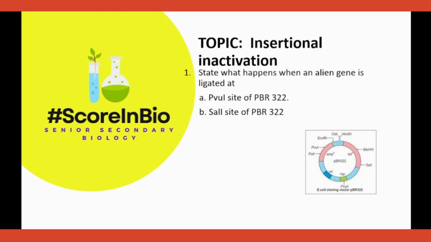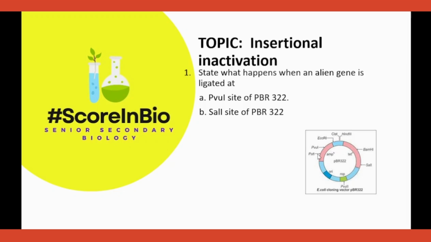Please remember, it has only 4 genes: ori, rop, tet R and amp R. Every other arrow that you see are sites for restriction enzymes like SalI, BamHI. These are the names of the restriction enzymes. The arrow shows where each can cut.